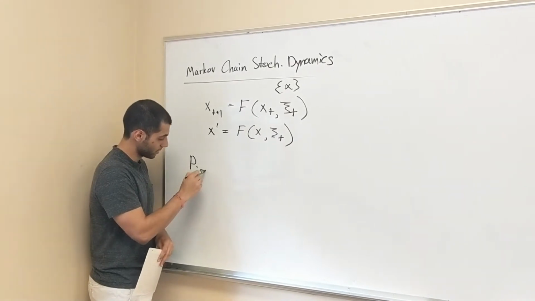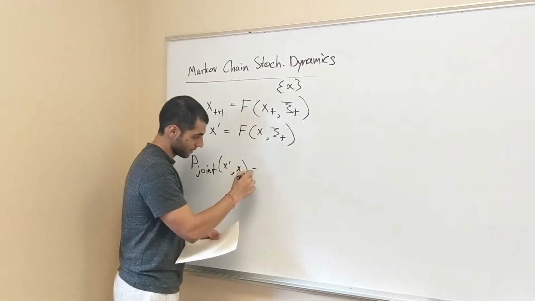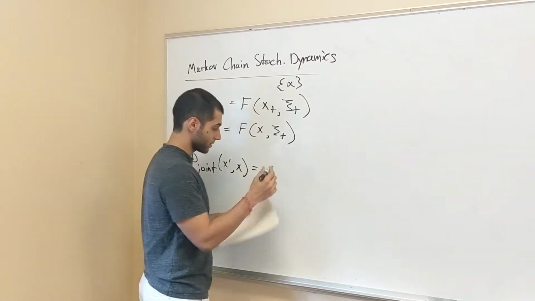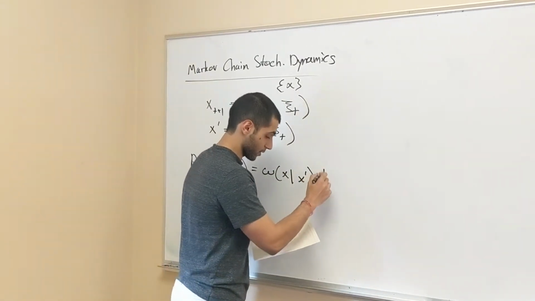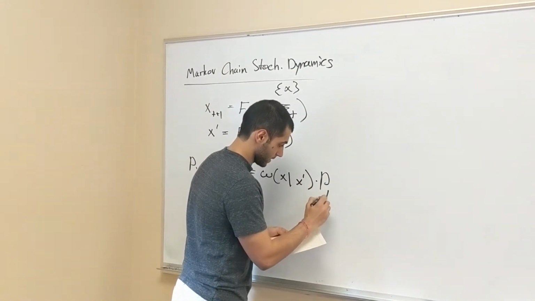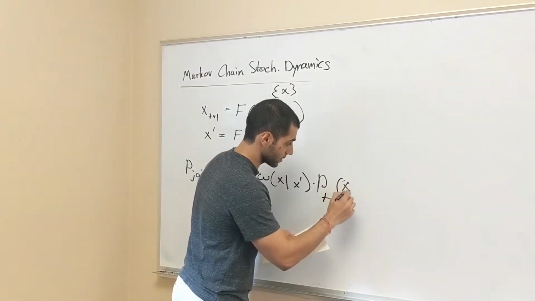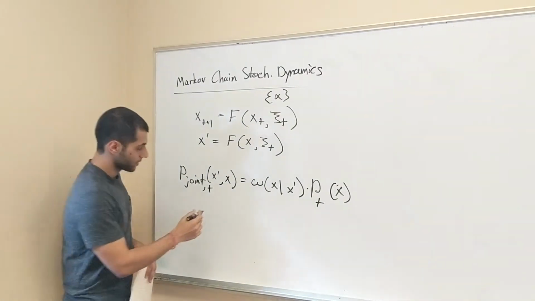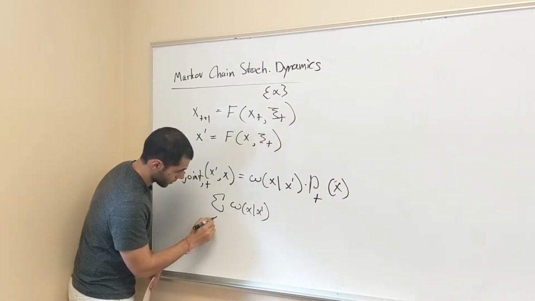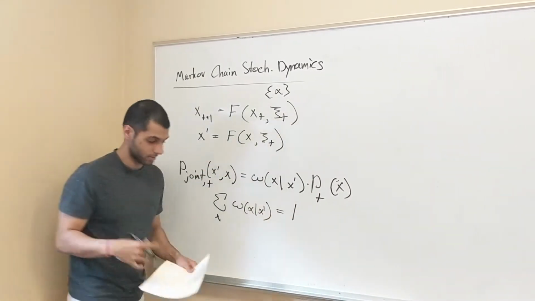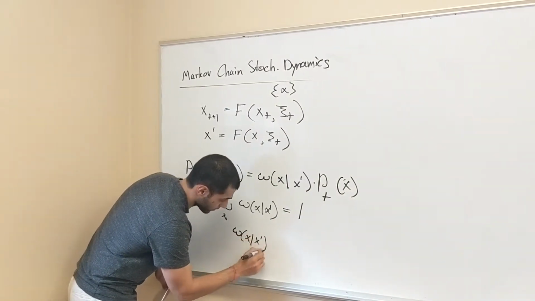So P joint for x prime and x is equal to some conditional probability times some marginal probability. Sorry, this is supposed to be the time here, because the probability distribution changes. Cool. So where the sum over x of W of x prime is equal to 1, probability is conserved, as well as probabilities are all positive numbers.